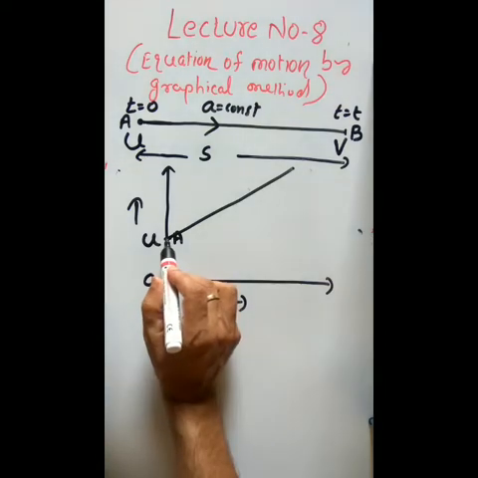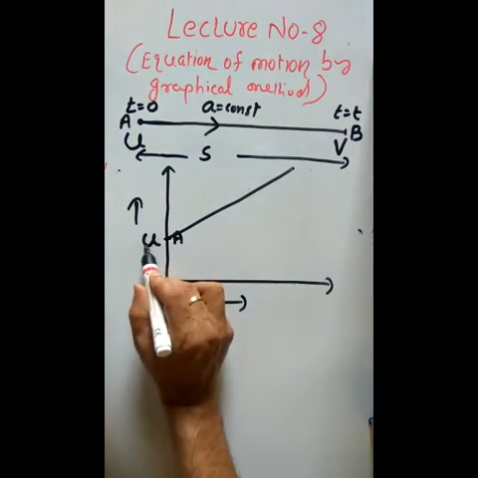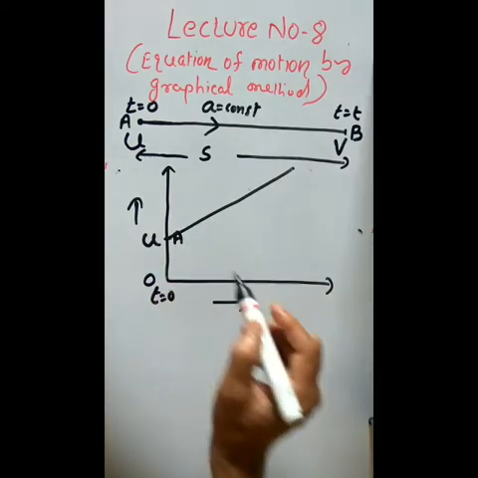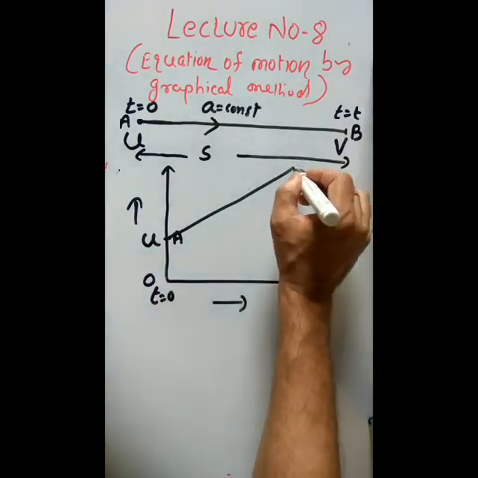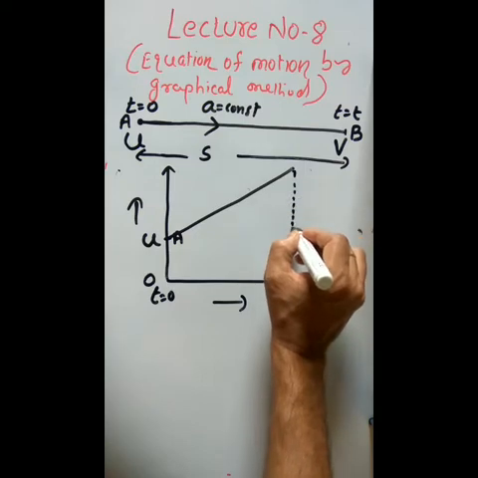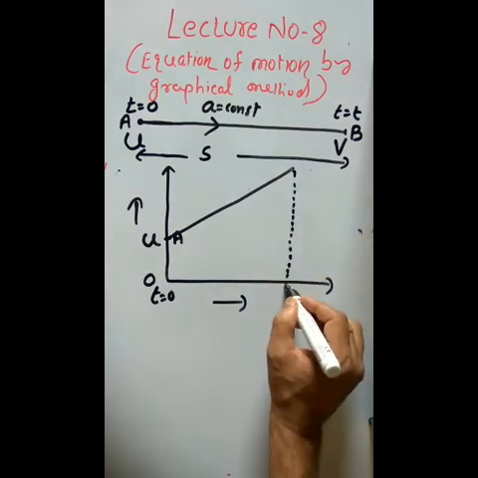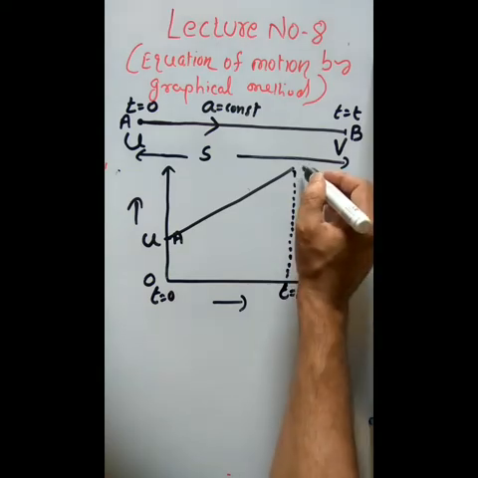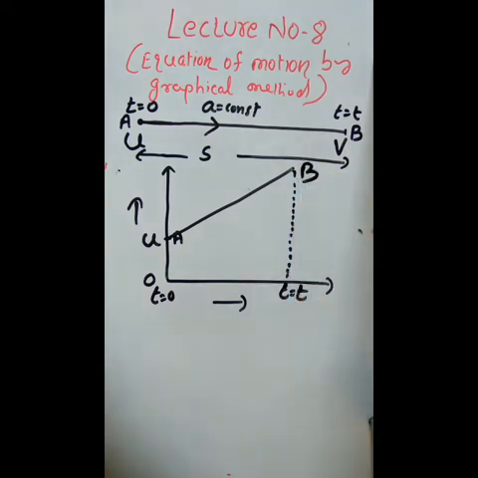Here the initial velocity is some non-zero value of magnitude u. So the velocity time graph will start from this point A. Let after t is equal to t time, the body reach point B. So this is the velocity time graph for this type of motion.